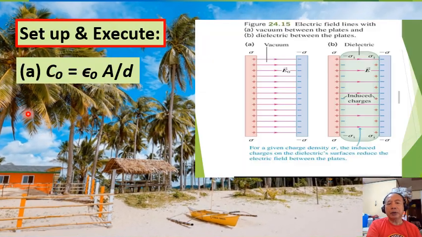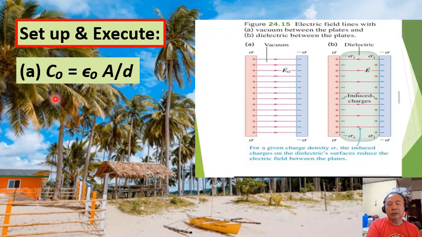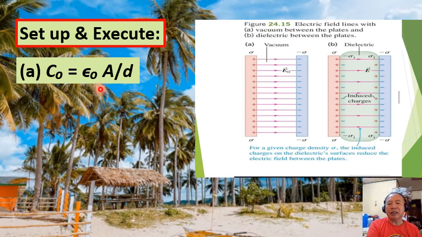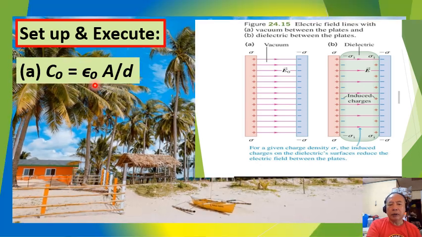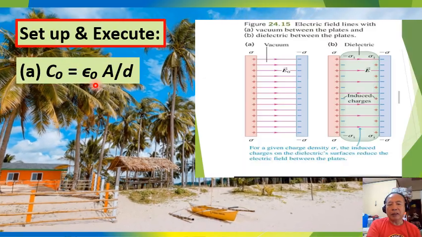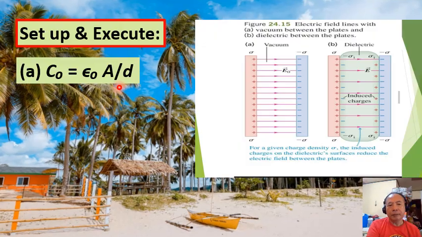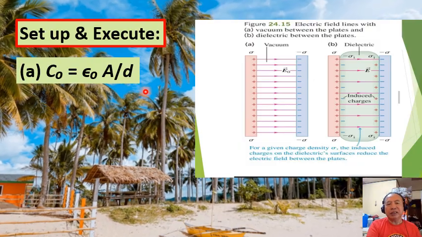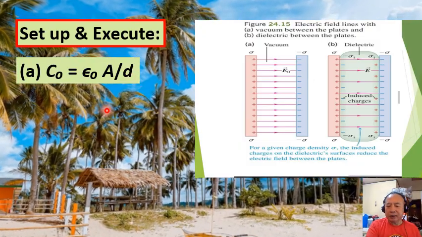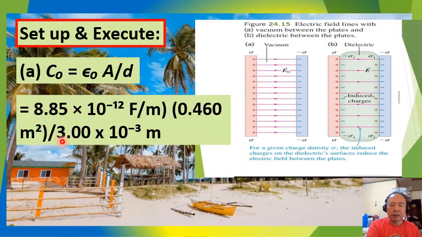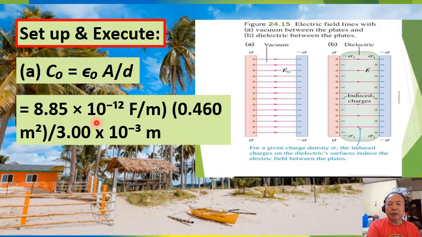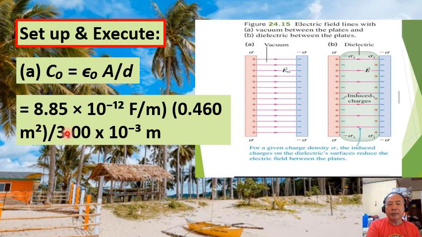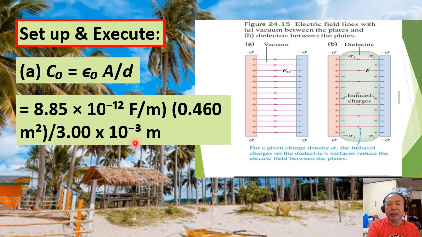For our computations, starting with finding the original capacitance, capital C naught, which is computed by just multiplying the constant epsilon naught, or we call this permittivity constant, and then multiplied by the area of each plate, capital A, and divided by the separation distance between the two plates, D. That is, capital C naught equals 8.85 times 10 to the negative 12 farad per meter times 0.460 meters squared, and divided by 3.00 times 10 to the negative 3 meters.